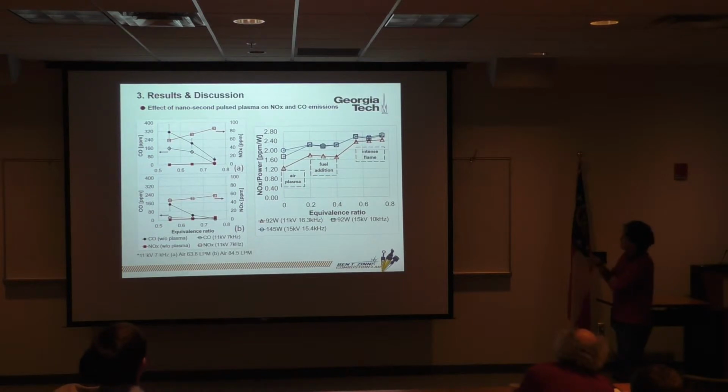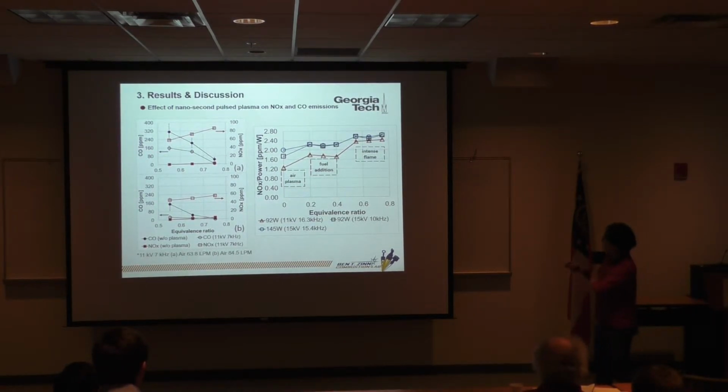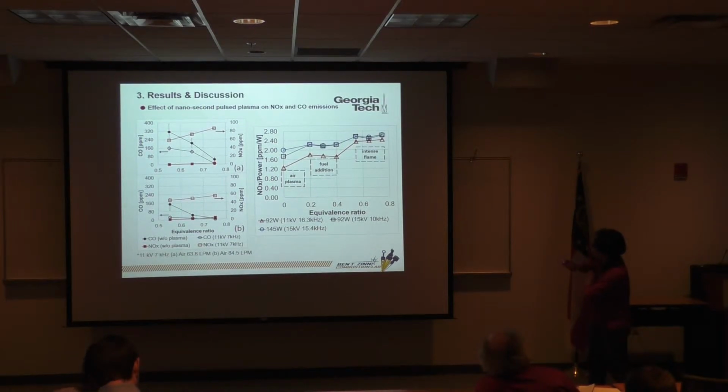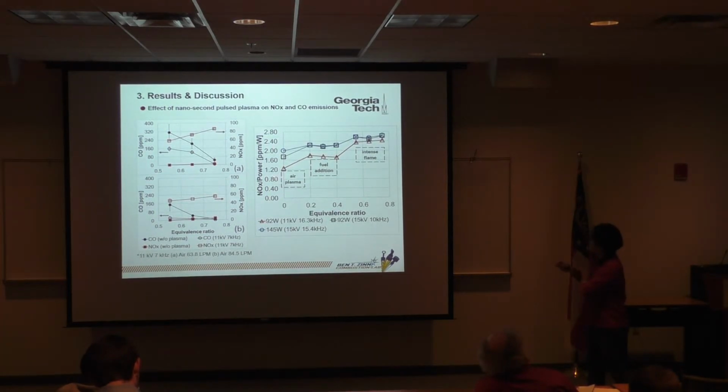To further investigate the reason for the increase of NOx emission, we also measured the NOx emission from zero equivalence ratio to 0.8. This graph shows NOx emission normalized by the plasma power, and it shows that NOx emission increased through 3 stages.